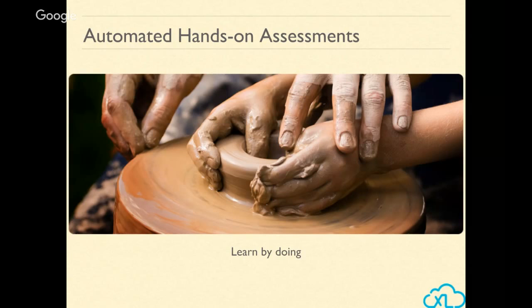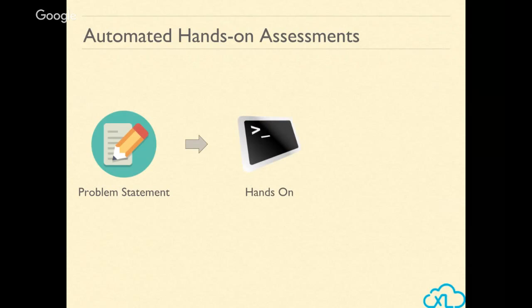All right. Therefore the sole idea is learning by doing. And how do we do that? There'll be a problem statement that a hands-on assessment provides you, and then you will have to perform hands-on. Only then the automatic assessment will happen.